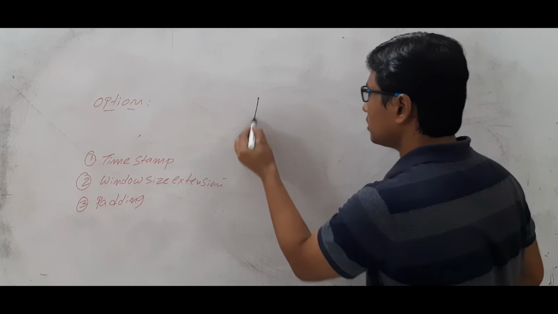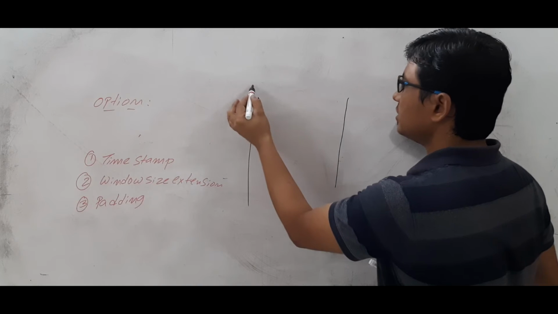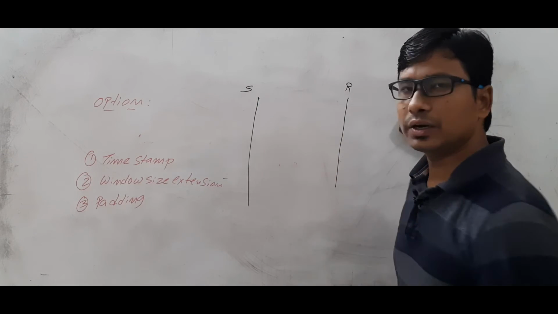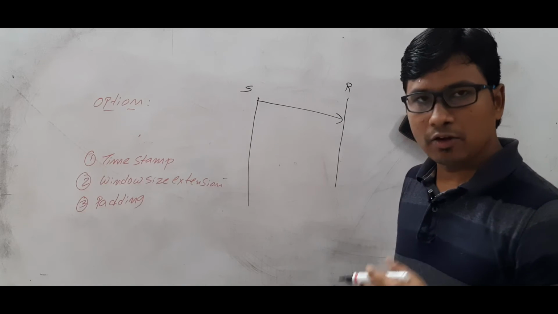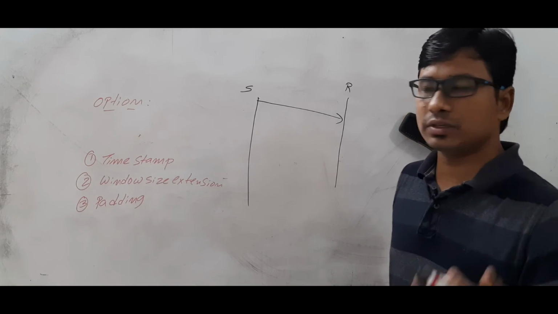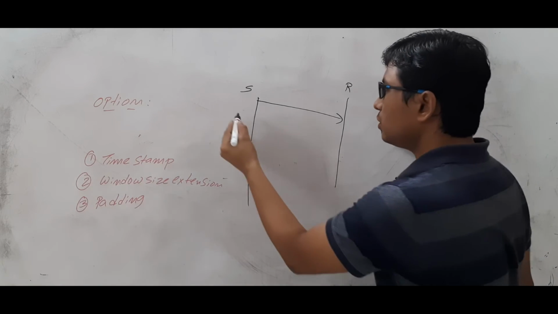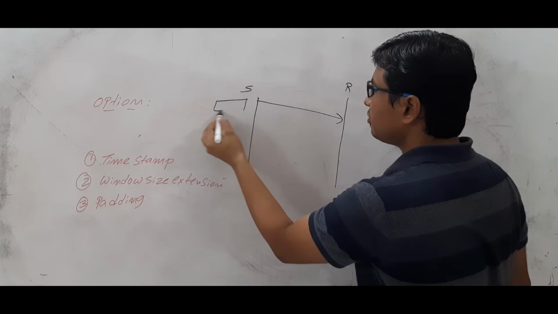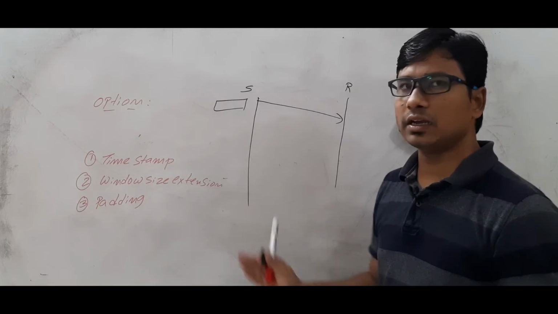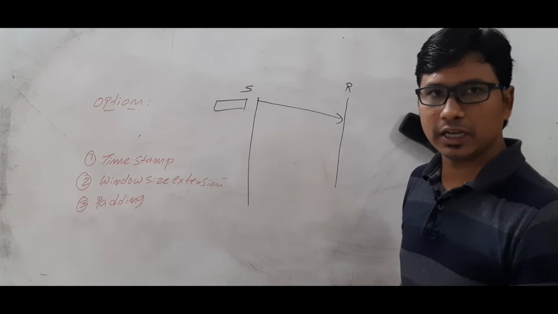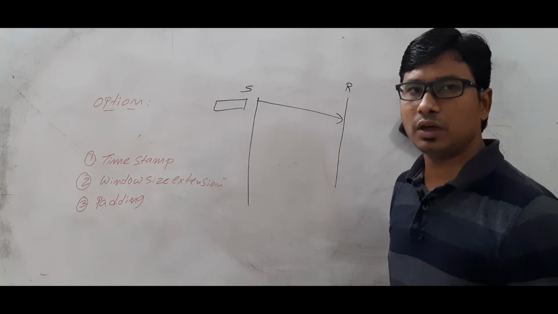Am I right or wrong? Let's take that a sender and receiver are there. Okay, the sender is transferring some data and obviously it will wait for the receiver to send the data. So the sender will keep a buffer that if the receiver sends the data, it has to store the data for the time being, and once it processes, it can send to the upper layers.